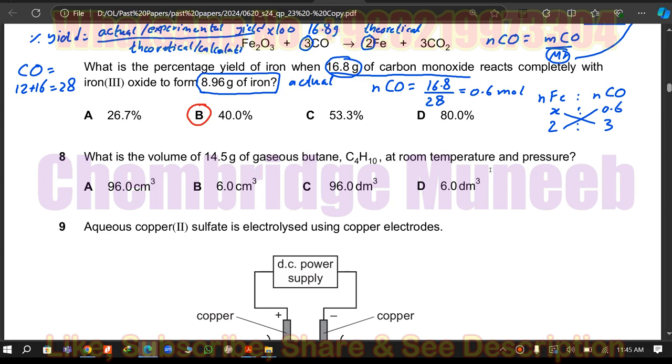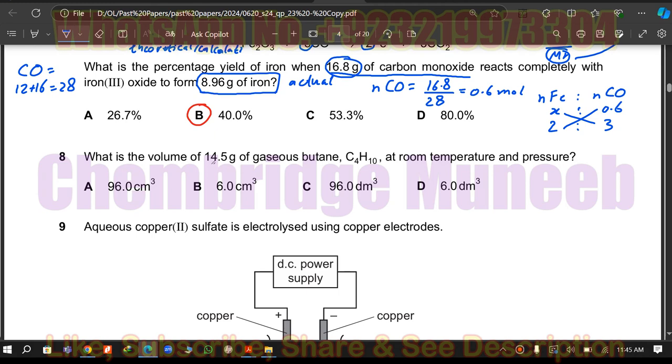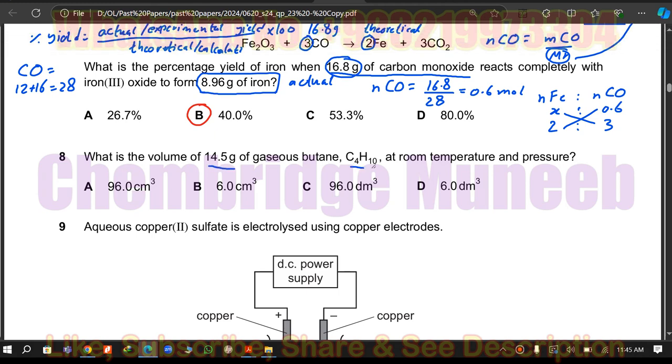For this question we need to do a working again. You are provided with the mass of the butane, but you are supposed to find the volume, which means that this mass must be converted into the moles, and then from the moles relationship we can find the volume.